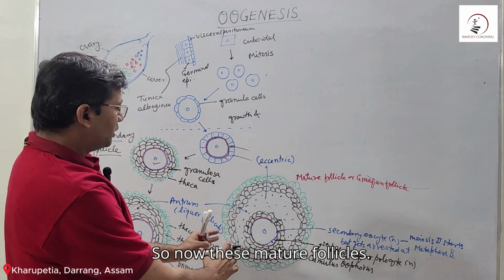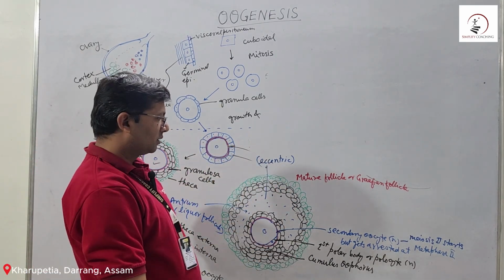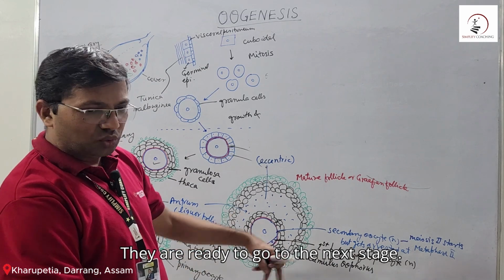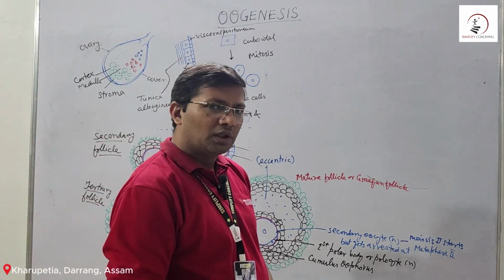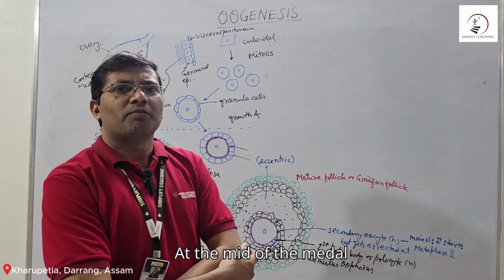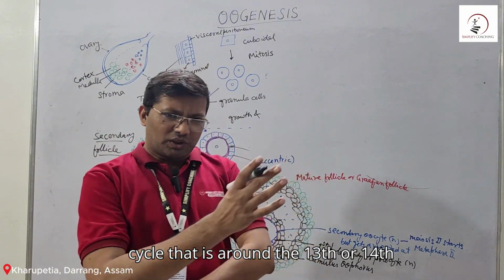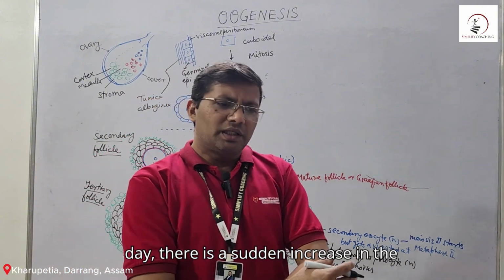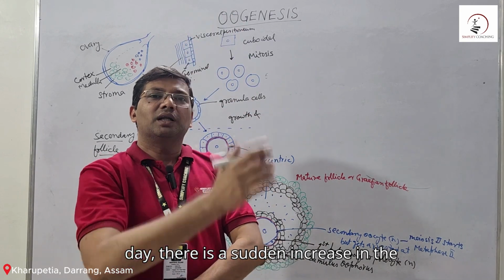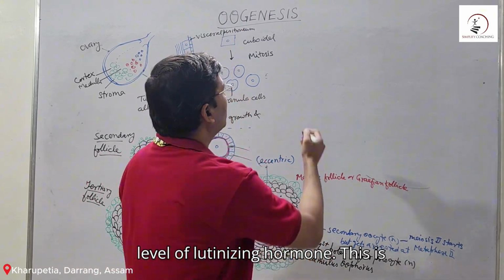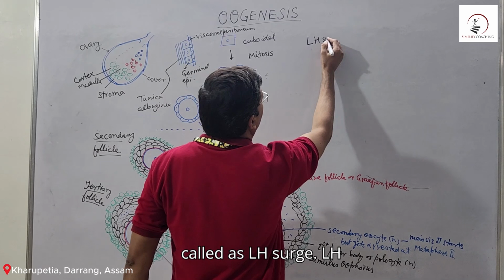So now these mature follicles, they are ready to go to the next stage. At the mid of the menstrual cycle, that is around the 13th or 14th day, there is a sudden increase in the level of luteinizing hormone. This is called as LH surge.